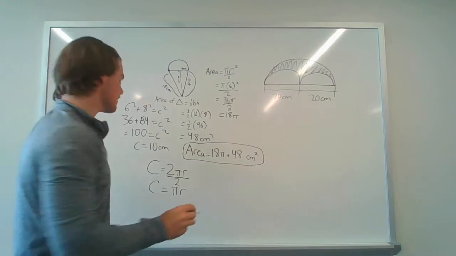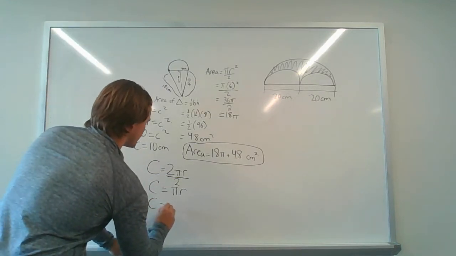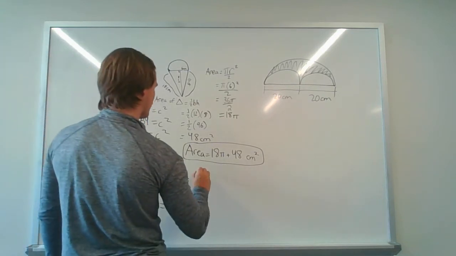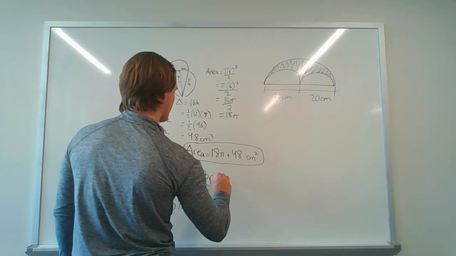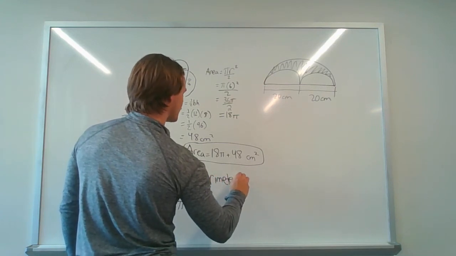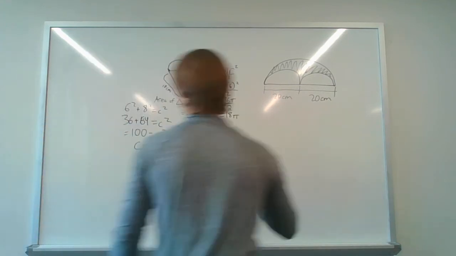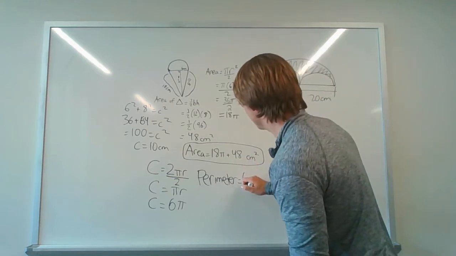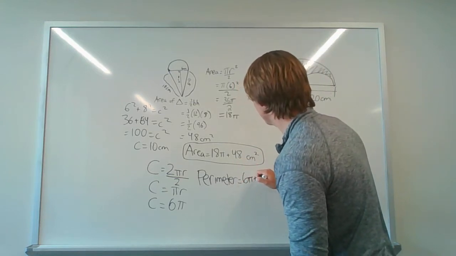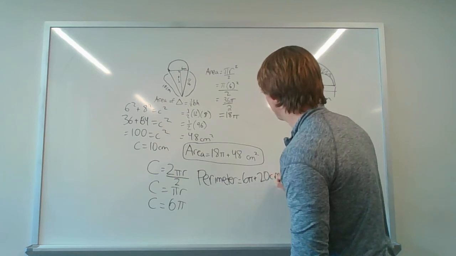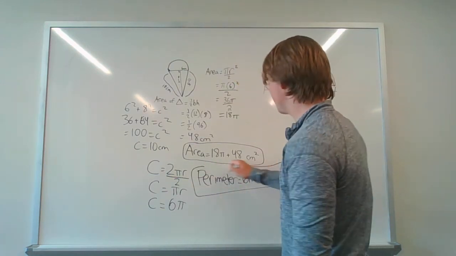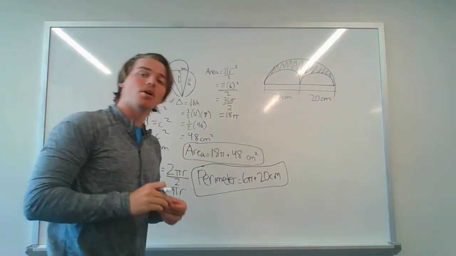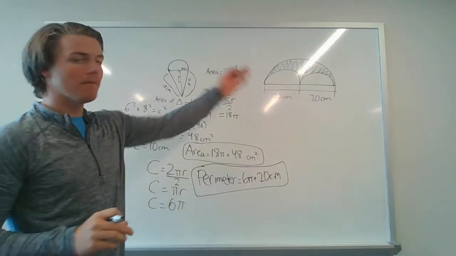Our radius we know is 6 centimeters, so our circumference is going to be 6 pi. Now, put that all together. The perimeter of the ice cream cone shaped figure is going to be 6 pi plus 20 centimeters. It is 20 centimeters because we've got 10 centimeters plus 10 centimeters. Now, that is part A. Now, let's get to part B.